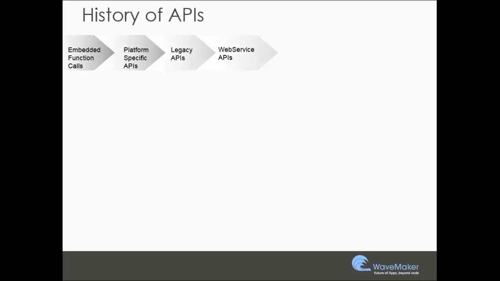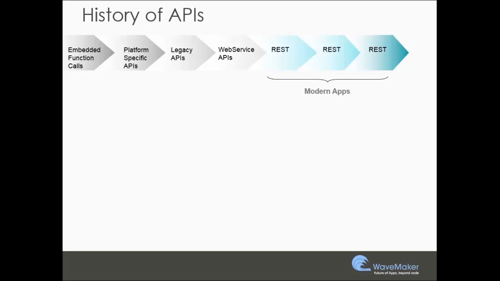And then, back in the days of the World Wide Web getting popular, we had web service APIs. These were APIs that were accessible over the web and programmers could use them to build applications. What has happened in recent times, in the modern age, is we've seen an explosion of modern applications.